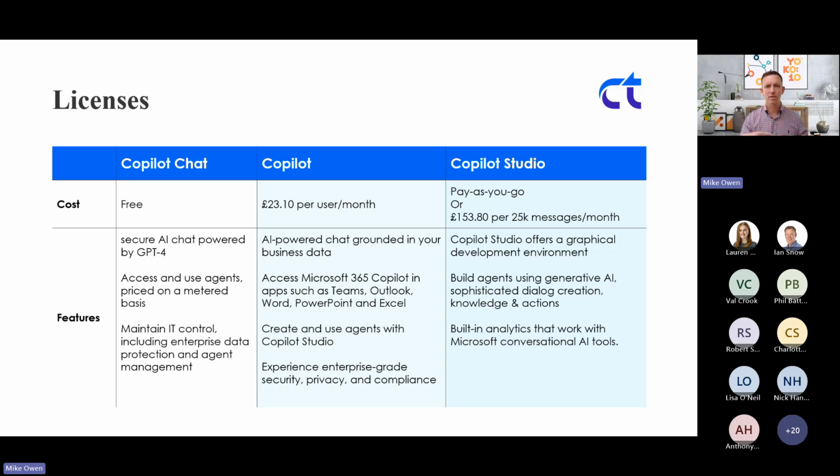The main license that the majority of organizations will have is the actual Copilot license, this £23 per user per month license. This enables you to use Copilot Chat in the browser, but it also allows you to have Copilot built into your Office 365 apps. So have Copilot within Word and within Outlook.